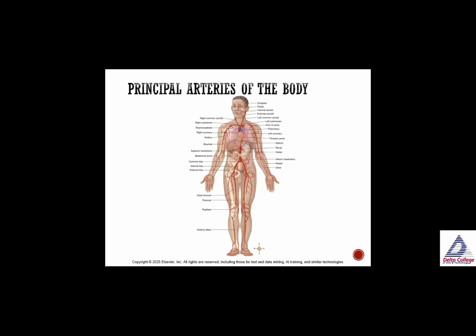This shows you the principal arteries of the body. And you will be memorizing a lot of the pulse points, arteries in the body, at a later class. So you can see there's a lot of arteries. Now, if someone gets cut on an artery, they are just going to gush.